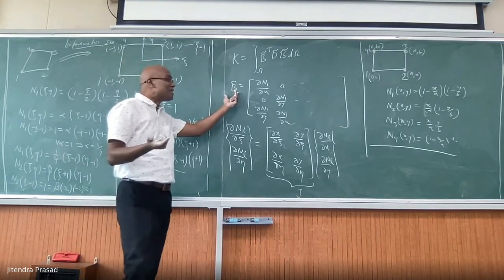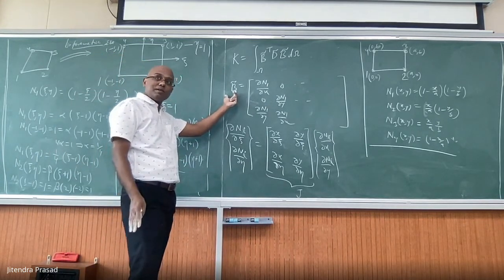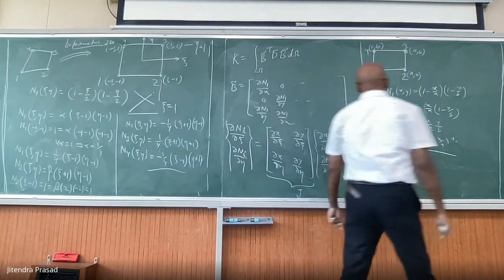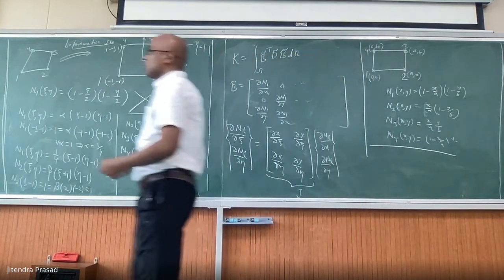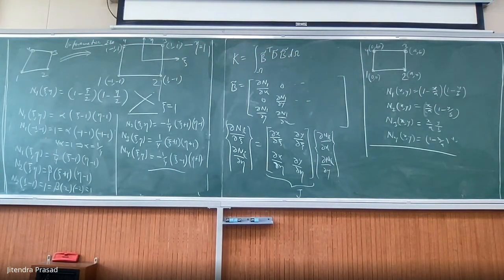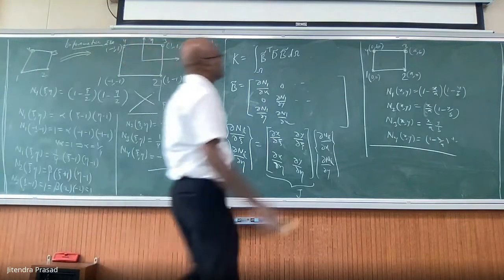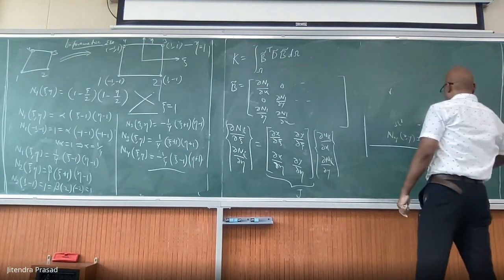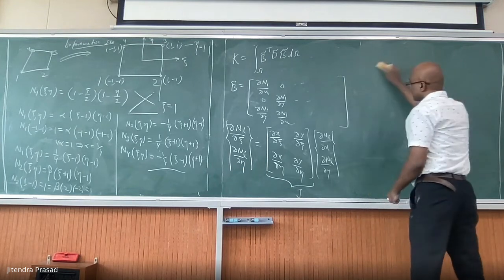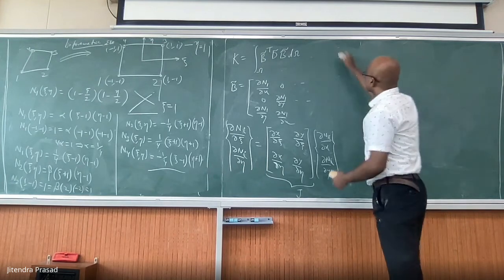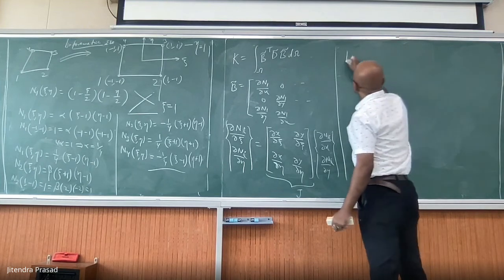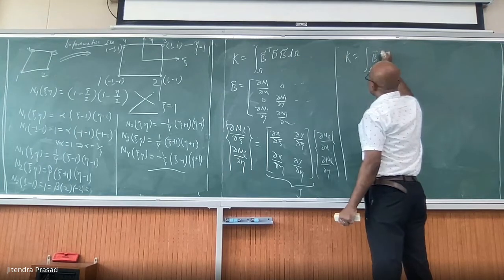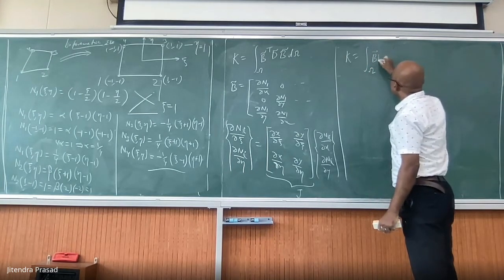So B you will get in terms of xi eta now, and there will be this J matrix as well. All those things you know already, and based on that you have to transform. So the equation finally becomes k equal to the integral of B, which will be in terms of xi eta now.